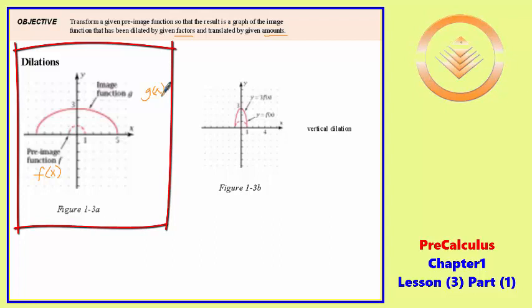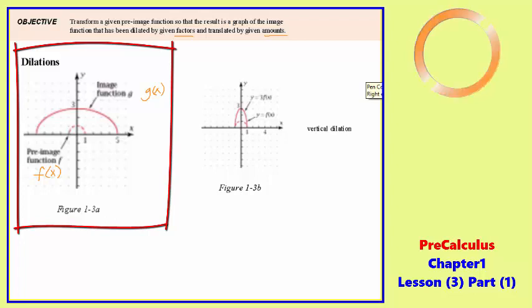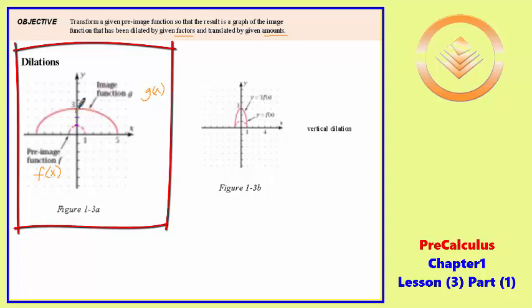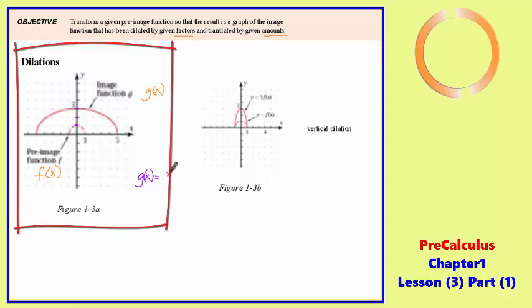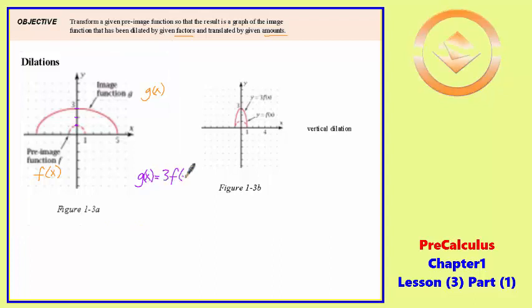Now to get the vertical dilation of f of x, multiply the y coordinates by 3, because this g of x here has moved 3 units up. So we will have g of x equal to 3 f of x. That's the vertical dilation.